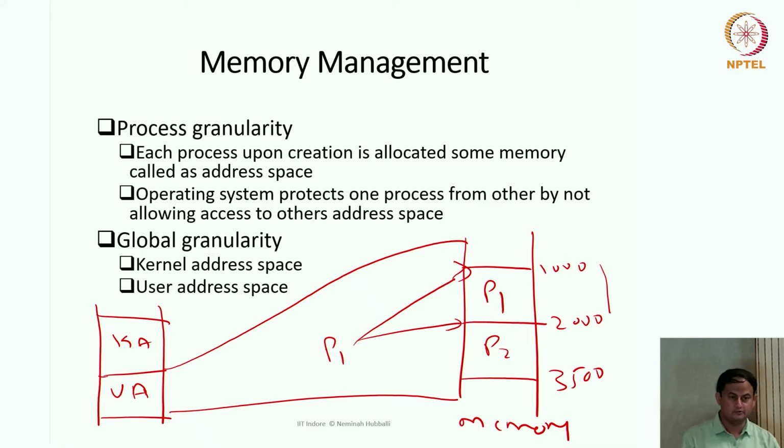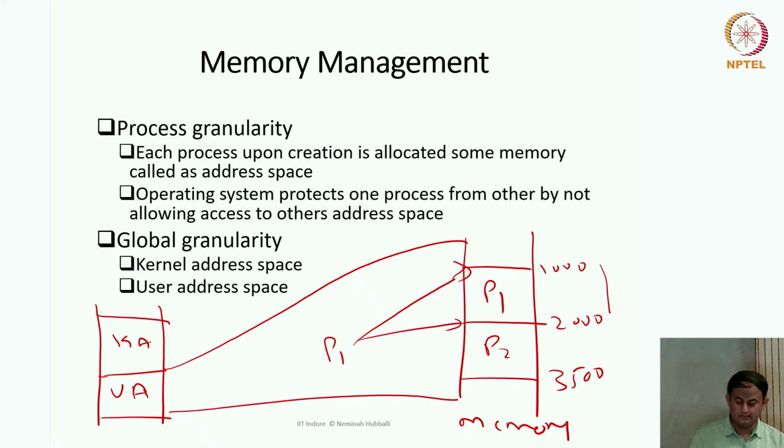If these two conditions are satisfied, then the access is allowed to go through. This is the two level checking that the operating system, or in particular the memory management unit, does to protect one process from interfering with another process.